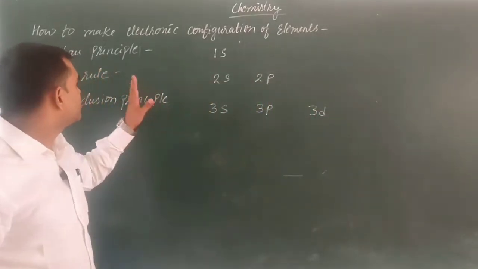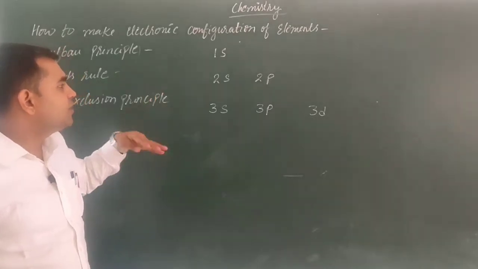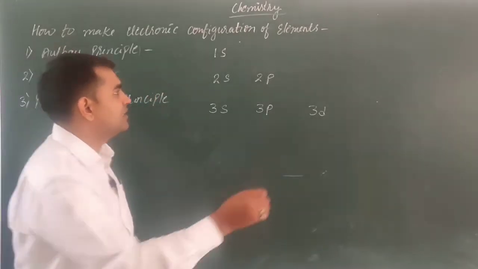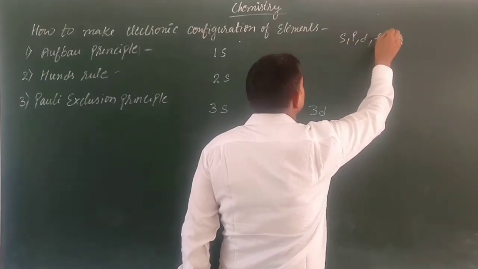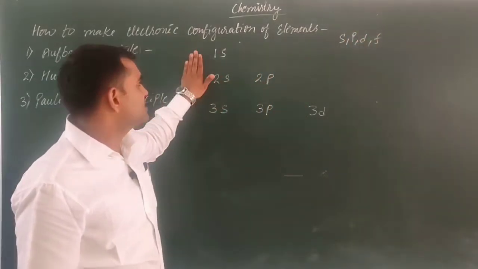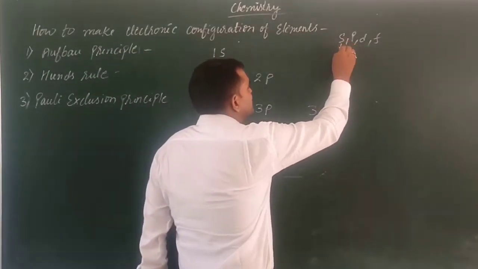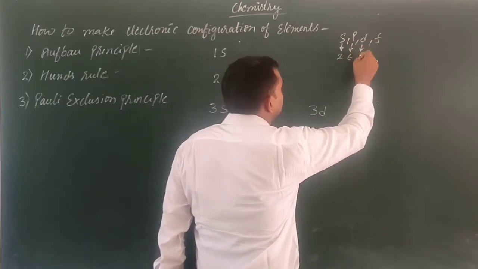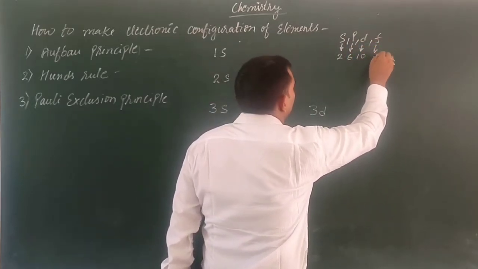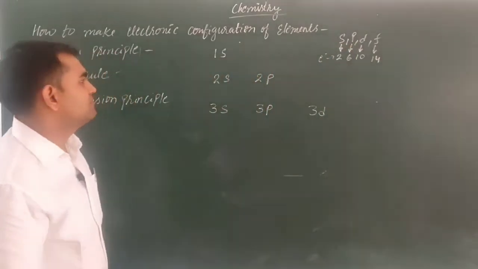In the quantum numbers, you already studied that there are 4 subshells, and their names are s, p, d and f. In s there are 2 electrons, in p there are 6 electrons, in d there are 10 electrons, and in f there are 14 electrons. These are the numbers of electrons in these subshells.